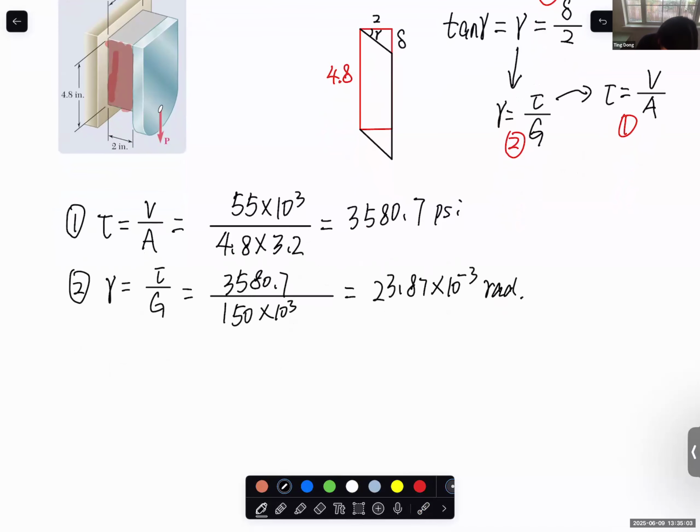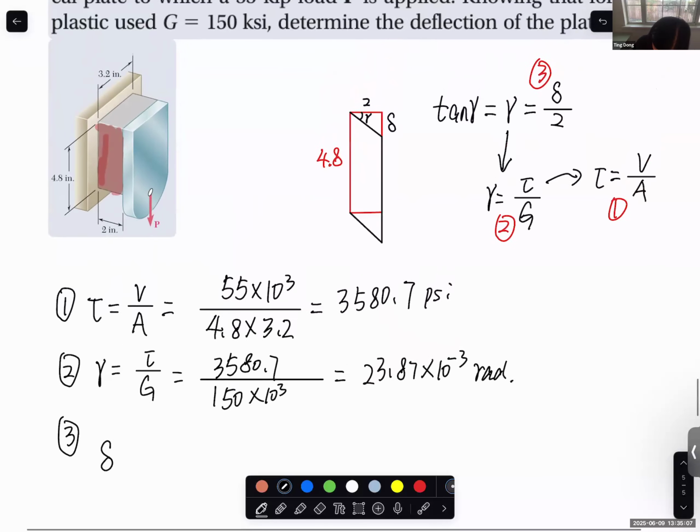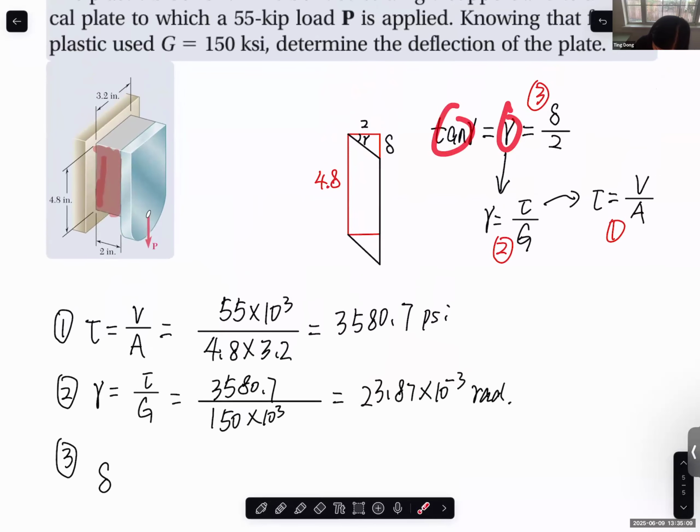Now, the third step, delta. Since gamma equal to tangent gamma equal to delta over 2, delta equal to 2 times gamma.